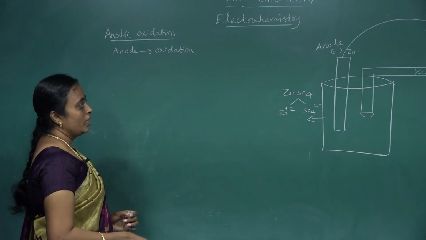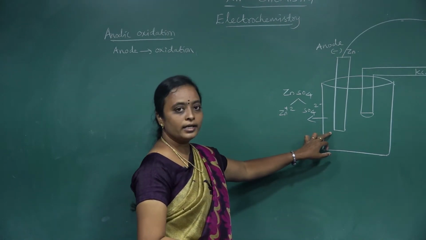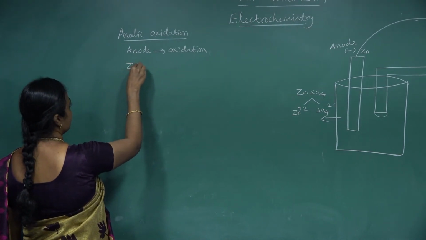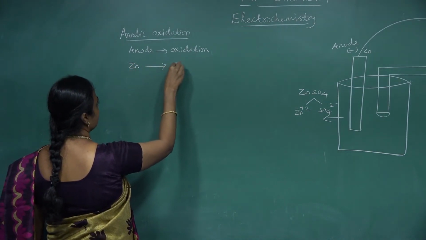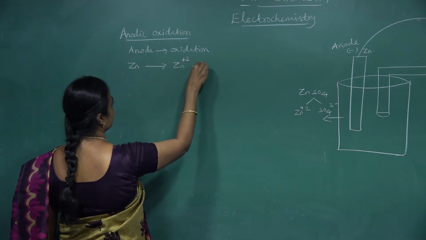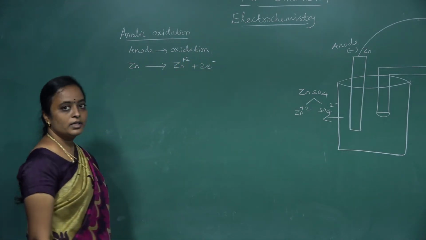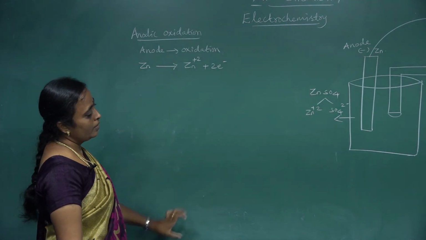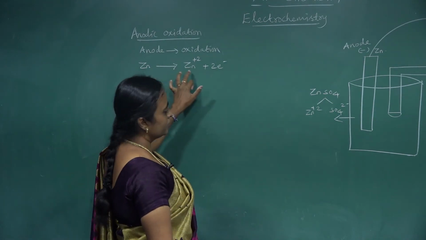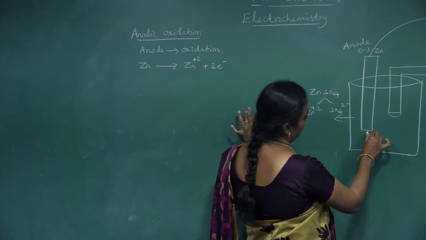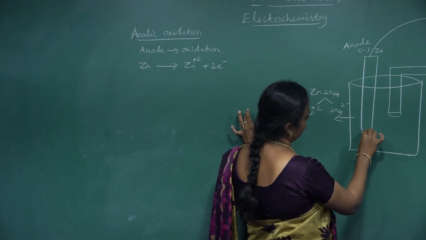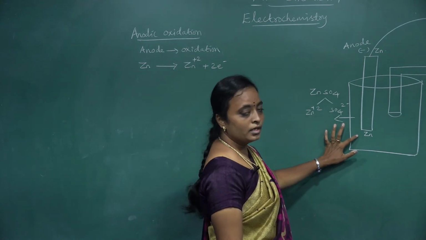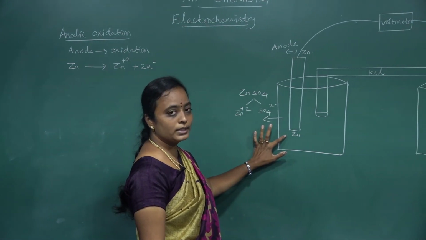Now what happened to the zinc electrode? We are taking a metallic zinc strip. The zinc is oxidized into Zn 2 plus ion. Here, this Zn metallic strip will undergo oxidation and form Zn 2 plus ion.